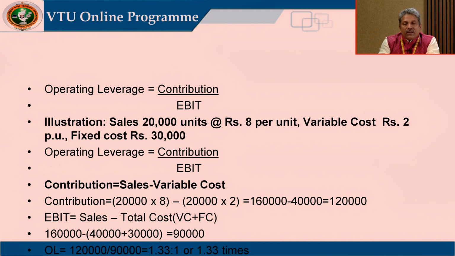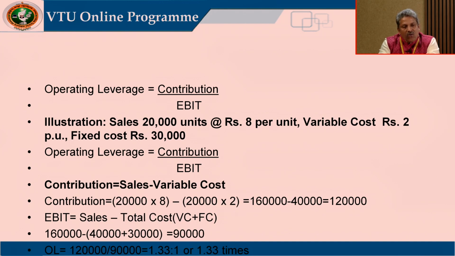When we calculate the operating leverage, first of all we should calculate the contribution. It is very easy to calculate. Contribution is equal to sales minus variable cost. Then that contribution divided by EBIT, that is earnings before interest and tax, gives the operating leverage.